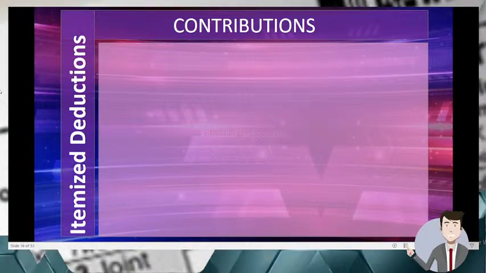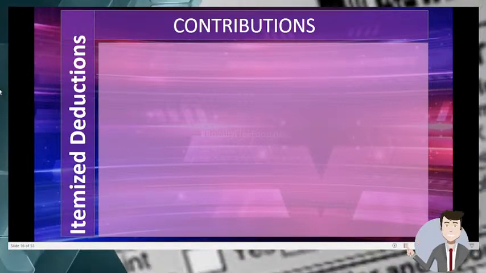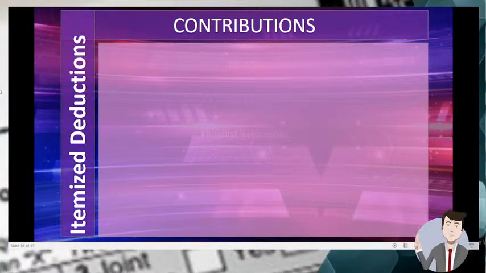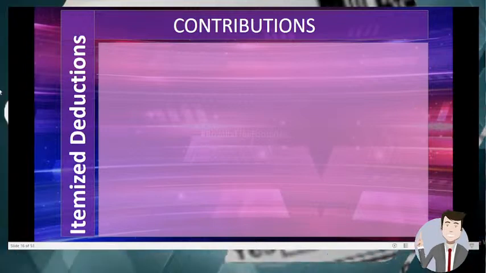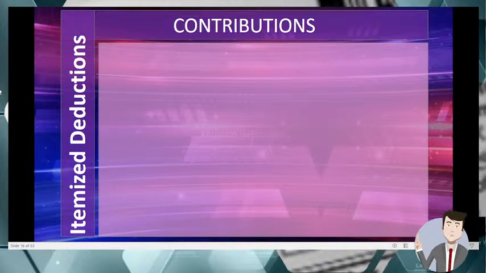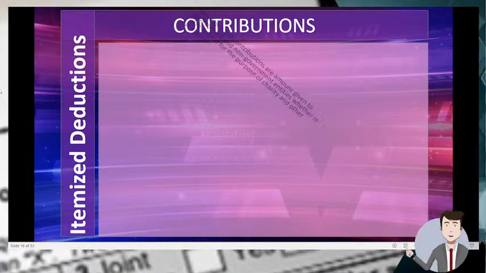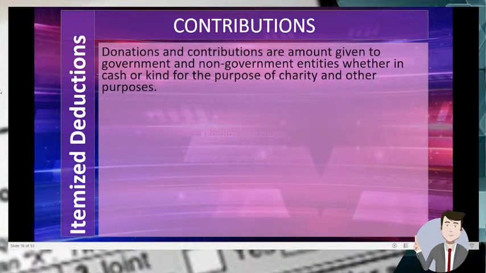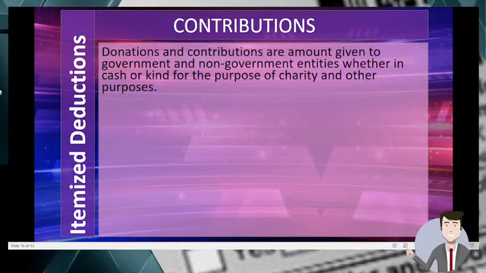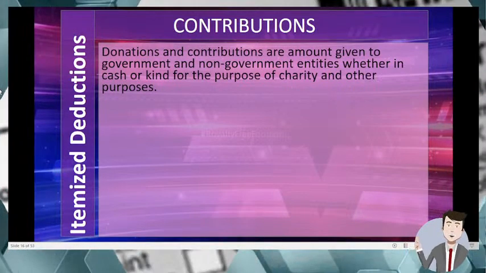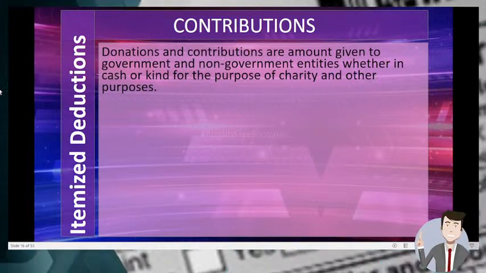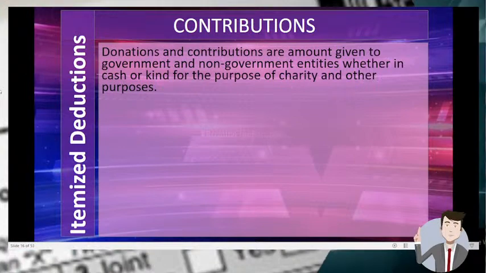So this is the first topic that we're going to discuss in part two of deduction from gross income. The first item of examples of itemized deduction is what we call contributions. Donations and contributions are amounts given to government and non-government entities, whether in cash or in kind, for the purpose of charity and other related purposes.